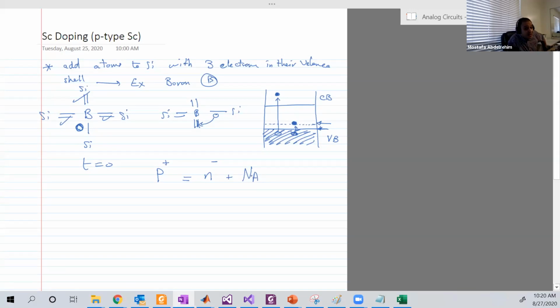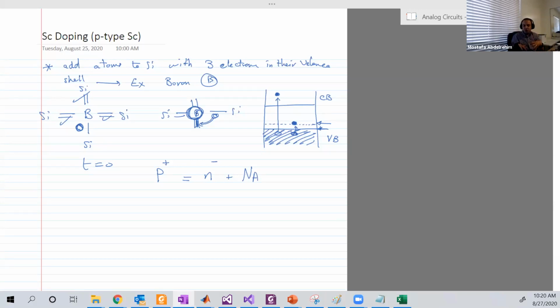Why do we call them acceptors? Because when an electron, for example in this case, moves from this location to this one, this atom acquires a new electron. And so the number of electrons in the boron atom is now larger than the number of protons.